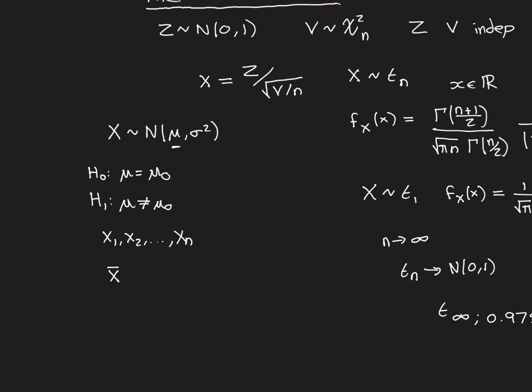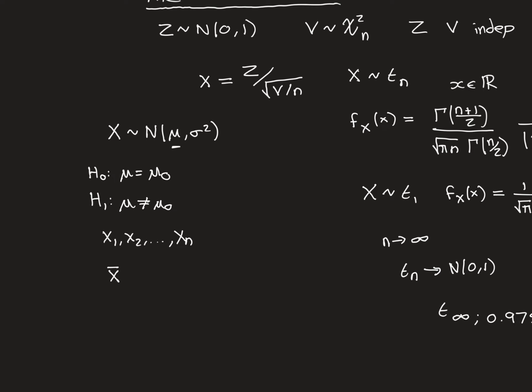And if our x bar falls too far in the extremes, according to the null distribution, then we will reject our null hypothesis. So we will assume that the null hypothesis is true to start with. We will say, okay, mu is mu0, and therefore we are drawing from a normal with mean mu0 and variance sigma squared, and it isn't going to matter that we don't know what sigma squared actually is, but we're about to discuss that, we're going to get around the fact that we don't know what sigma squared is.